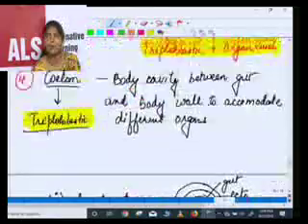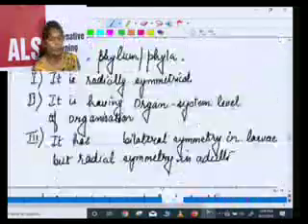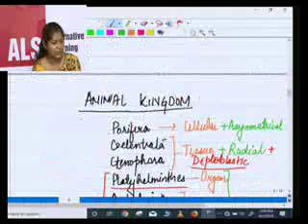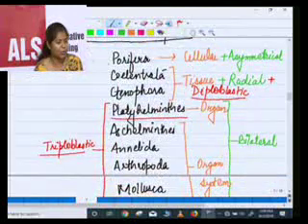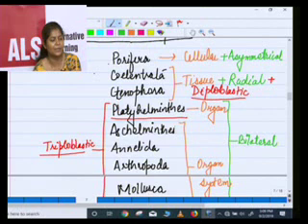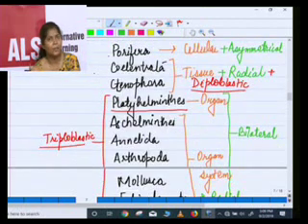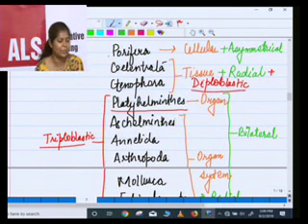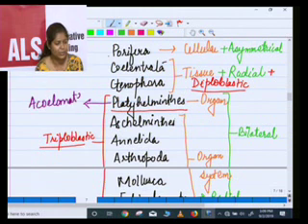Let's mark down over here in the table that we were making. So we will not talk about coelom in the Porifera, Coelentata, Ctenophora. Why? Because they don't have the layers. So you need to have mesoderm first of all. Mesoderm is present in Platyhelminthes, but this is acoelomate.